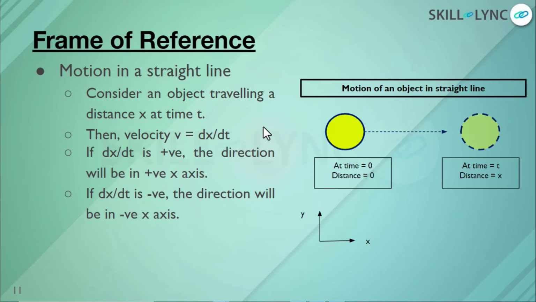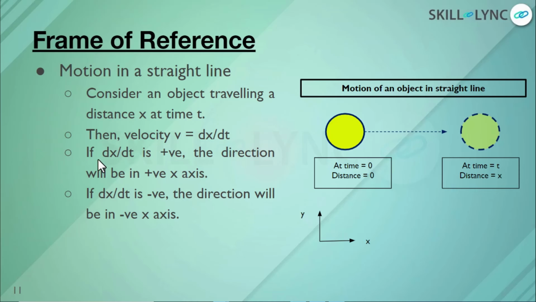Let's get to know this example with the help of a figure. This is an object at time t equals 0. It is at rest. Thus, the distance is equal to 0. At time t, the object travels a distance x. Therefore, the velocity of the object can be written as dx by dt.